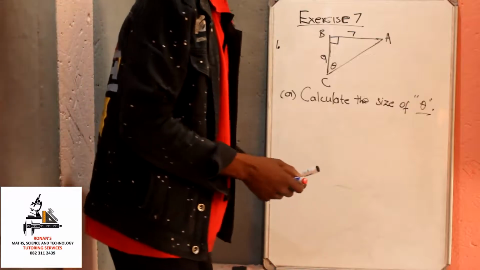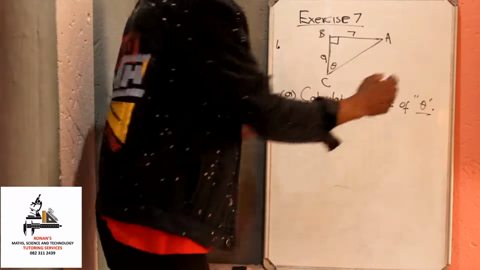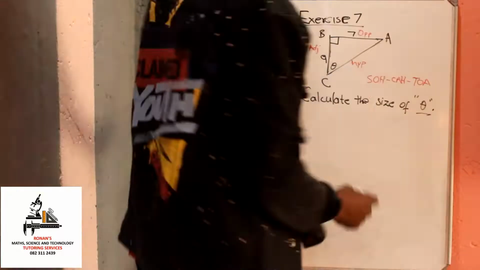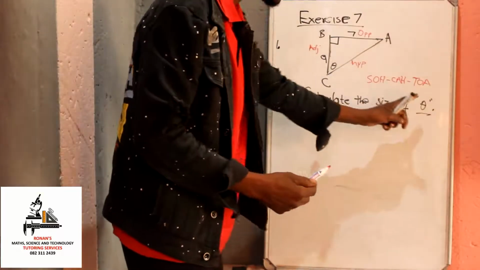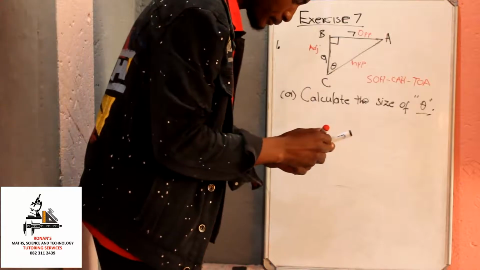Now, before we proceed, we need to assign these sides, using our acronym SOHCAHTOA, in order for us to obtain theta.